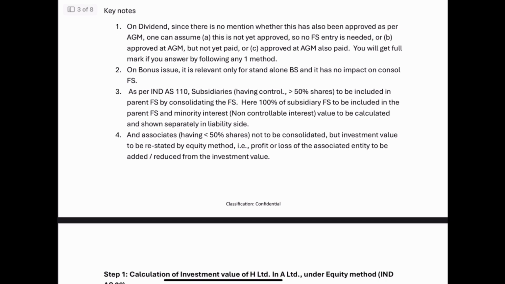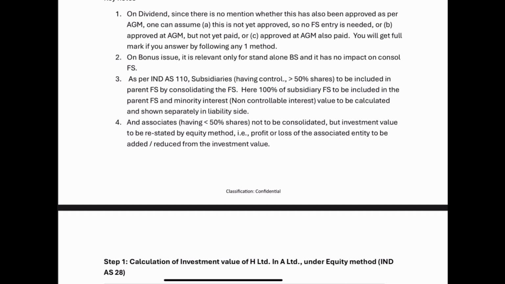Okay, and the third important note is that under IND AS 110, where you have a subsidiary, subsidiary means you have control. Generally, control comes once the parent company holds more than 50% of the shares. So in those cases, we have to do the consolidation at line by line level. And if the entity holds 100%, you can consolidate all the line items of the balance sheet of the subsidiary into the parent company financials.